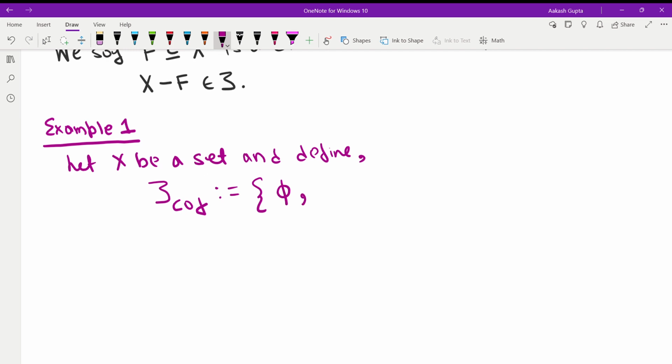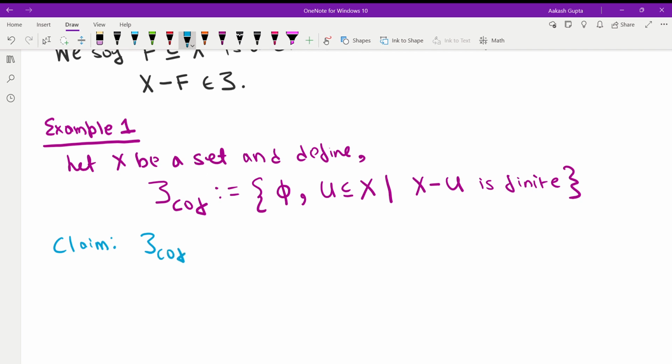Second thing, it has all sets U in X such that X minus U is finite. That is the condition. So what is my claim? Claim: tau COF is a topology on X.